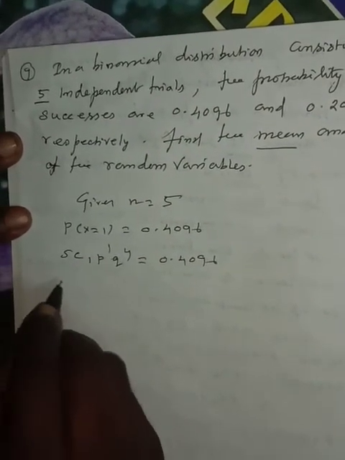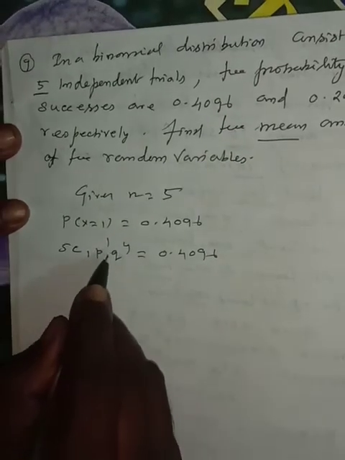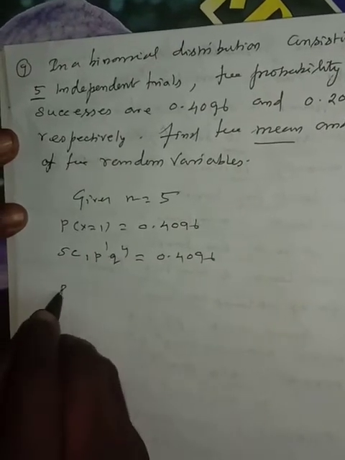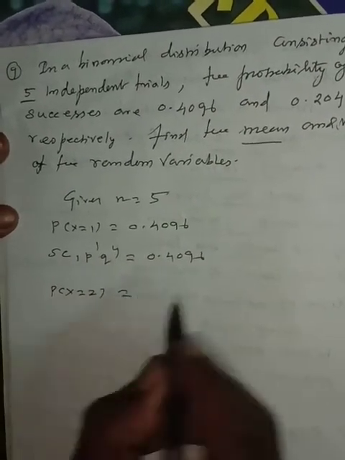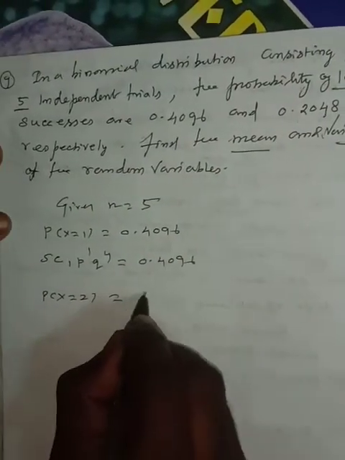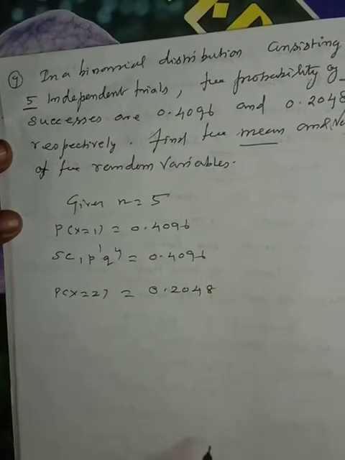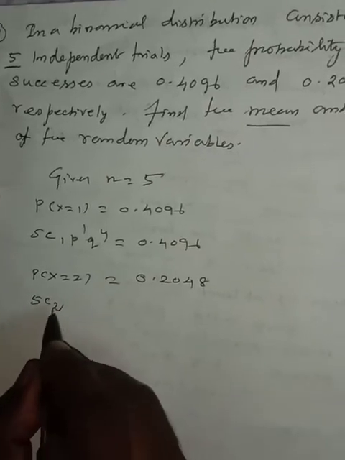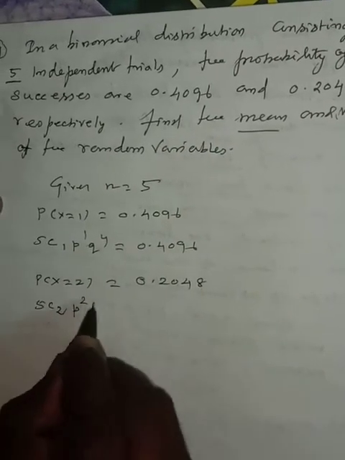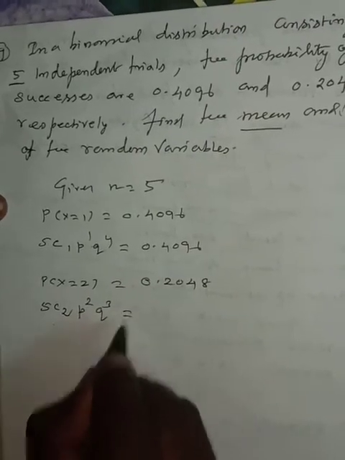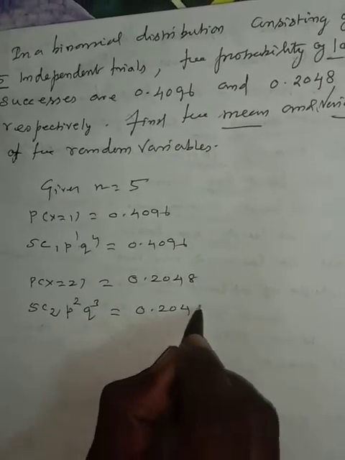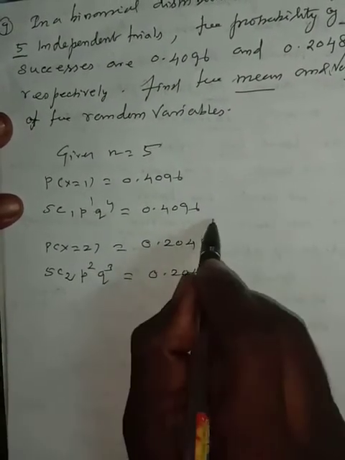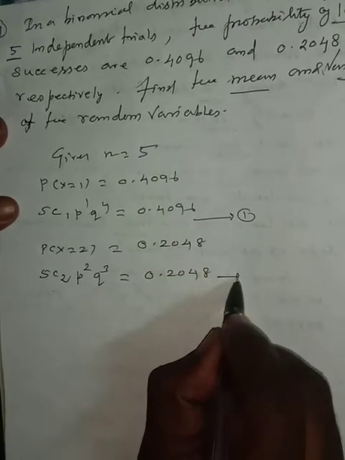Next, P of x equal to 2 is given as 0.2048, so 5C2 p to the power of 2 q to the power of 3 is equal to 0.2048. This is number 1, and this is number 2.